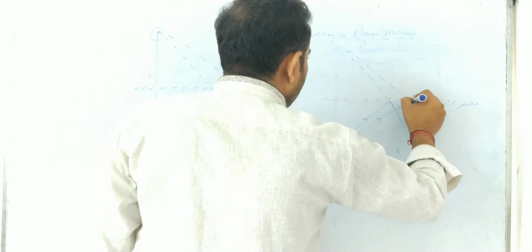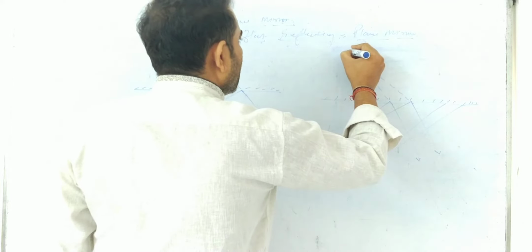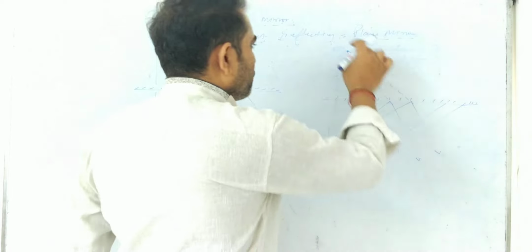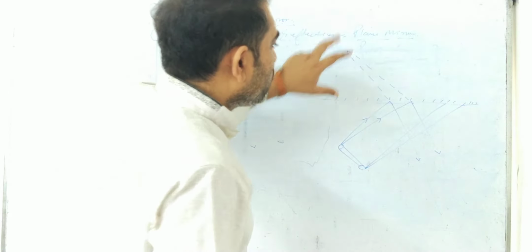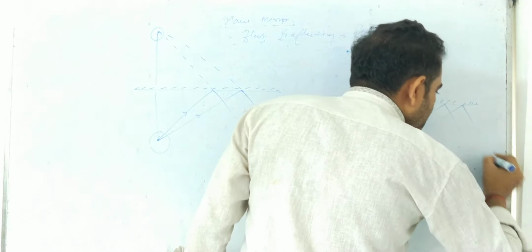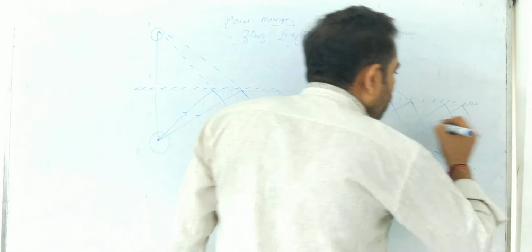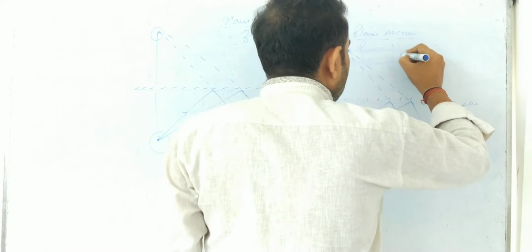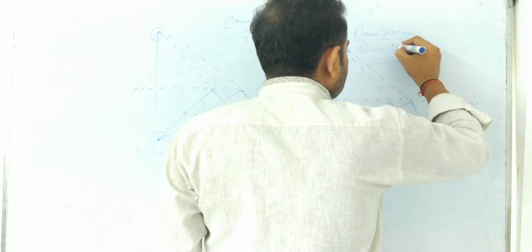As you produce them backward, if you are using pencil and scale, you will get the proper position. So they will appear to meet at this point. Again they will get reflected and they will never intersect each other in front of the mirror. On producing backward they will again appear to meet at a particular point.